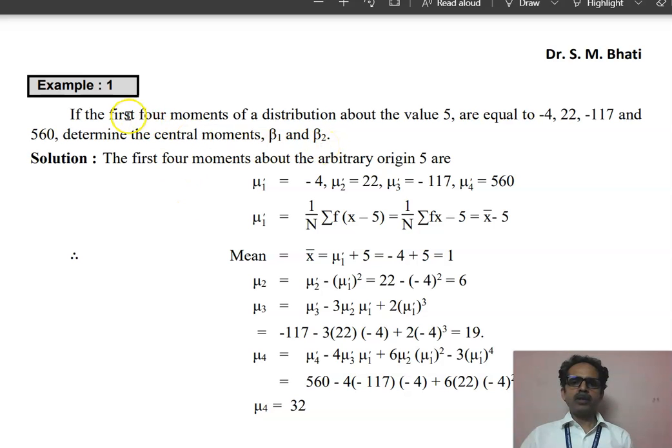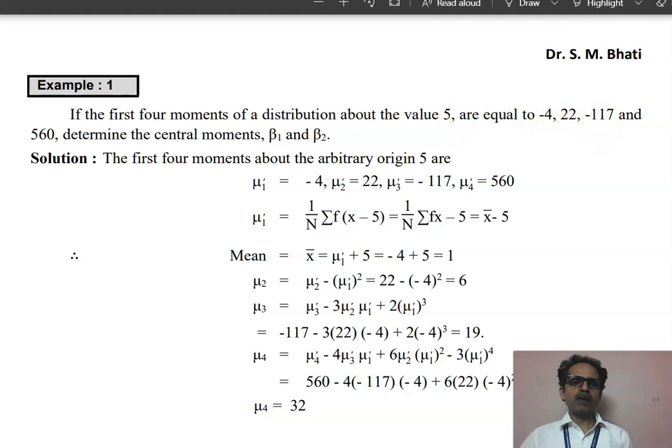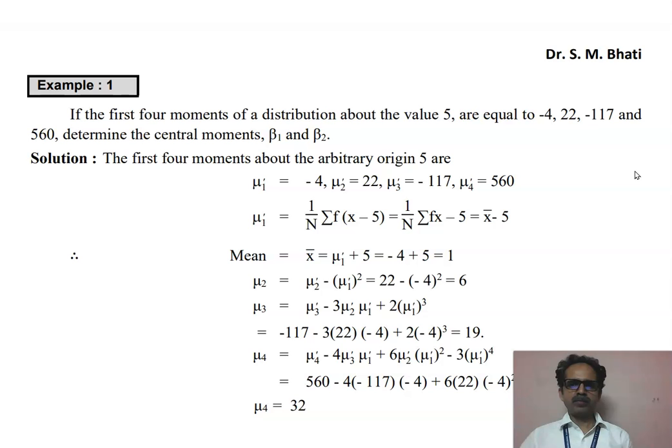Now we are given the first four moments about 5. But what is 5? Whether 5 is the mean is not mentioned. That means this 5 is taken as a capital A. In other words, we are given the first four moments of the distribution about 5 as -4, 22, -117 and 560. So these are the values of mu r dashes.